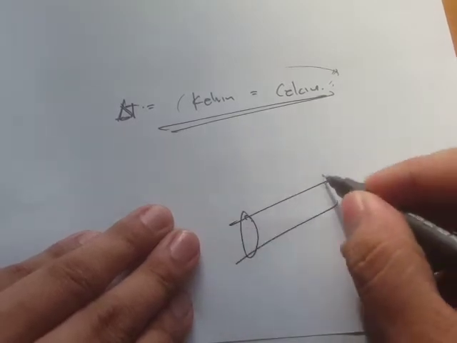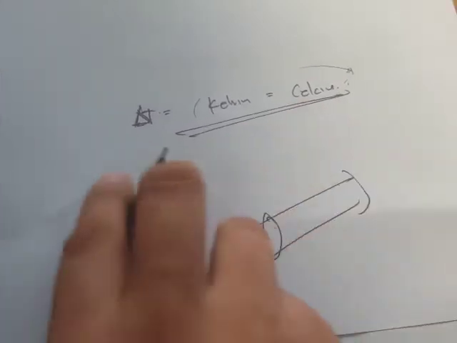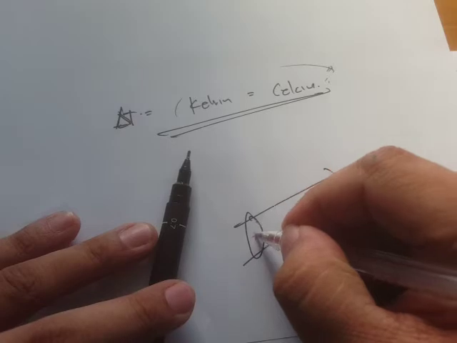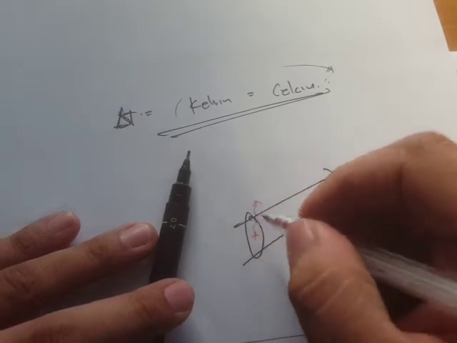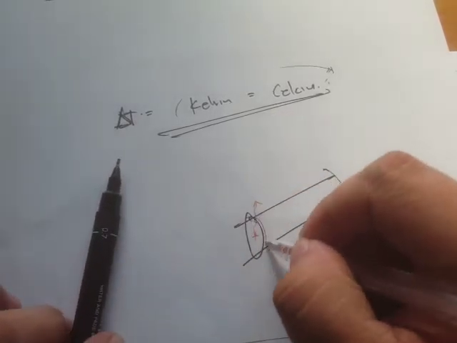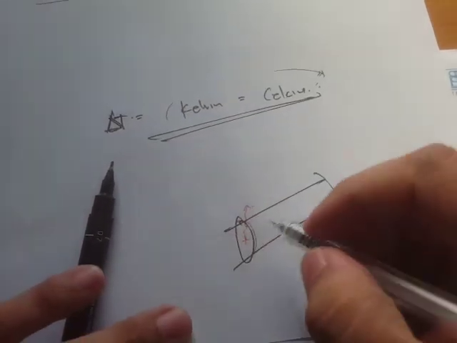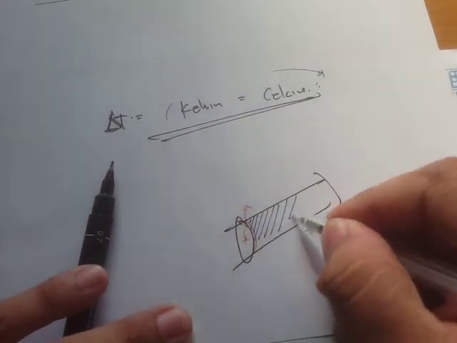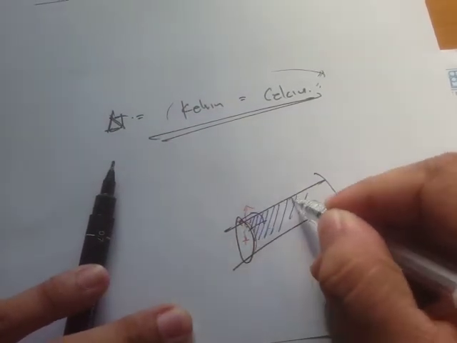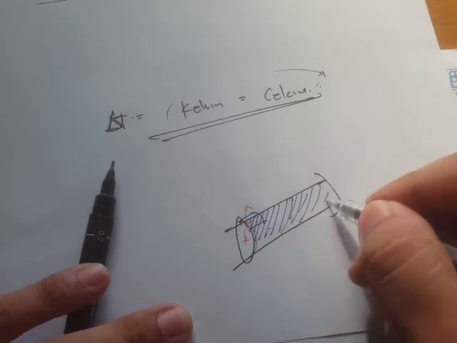Okay, so if we have a heat flow, let's say from the center radially going outward, then this will be the surface area. That's the area that's perpendicular to the heat flow.